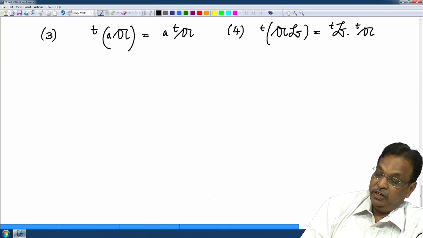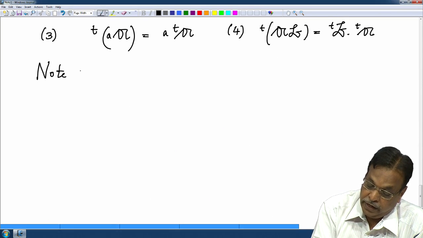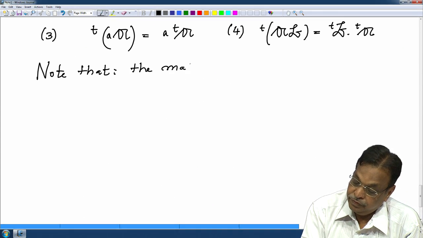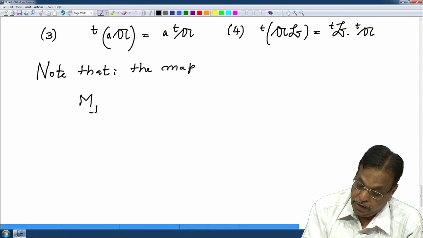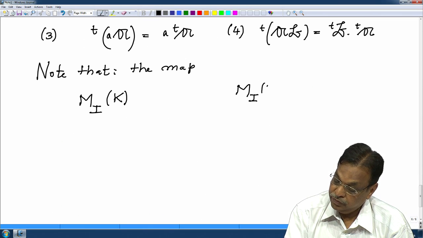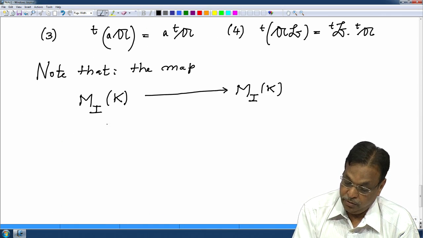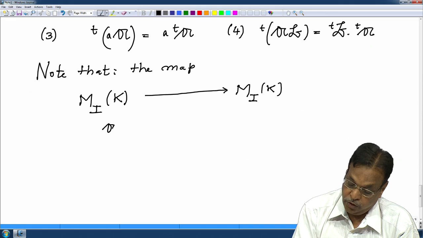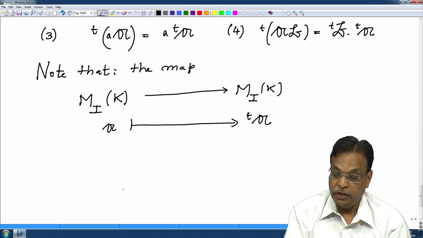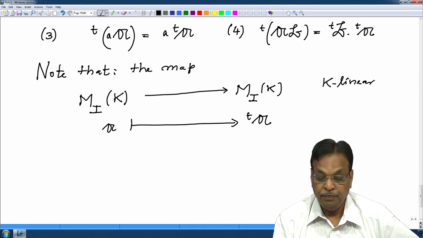So these rules are very easy to verify. I will not verify them, but I will note the following important thing. Note that the map from square matrices I cross I to square matrices again is a K algebra to K algebra map, that is A going to transpose of A. It shows that this map is K linear first, that is the property second and third.